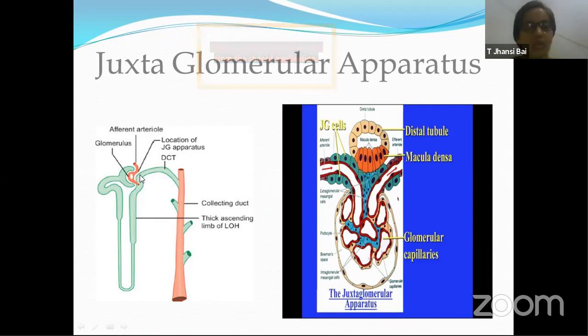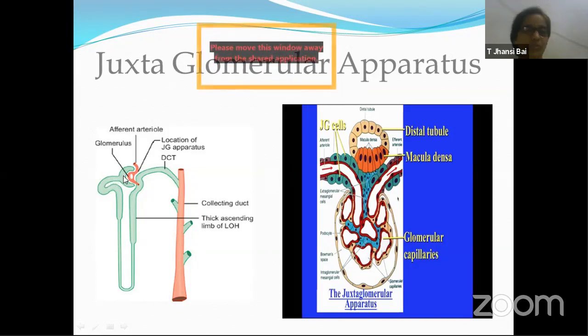Now here, if you look at the structure of the nephron, this particular region which we call PCT is very close to Bowman's capsule. But when you study in detail, the DCT also comes very close to Bowman's capsule.